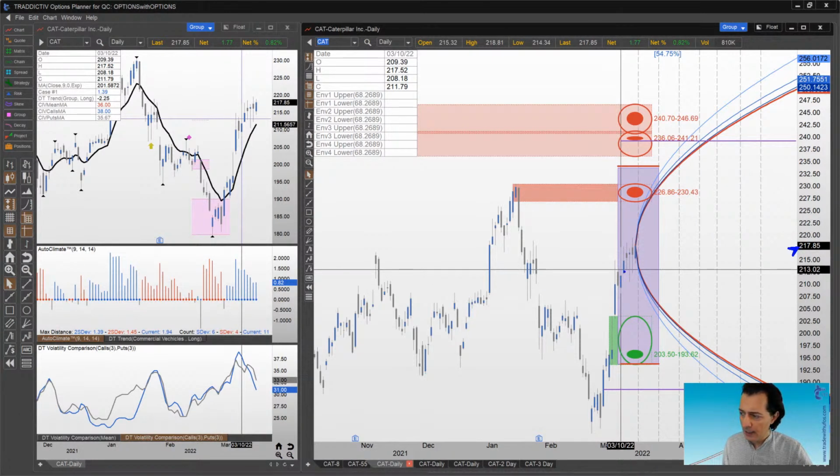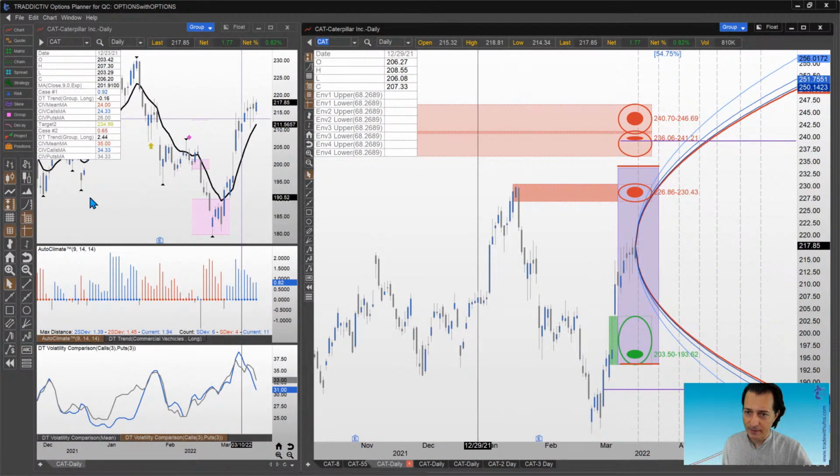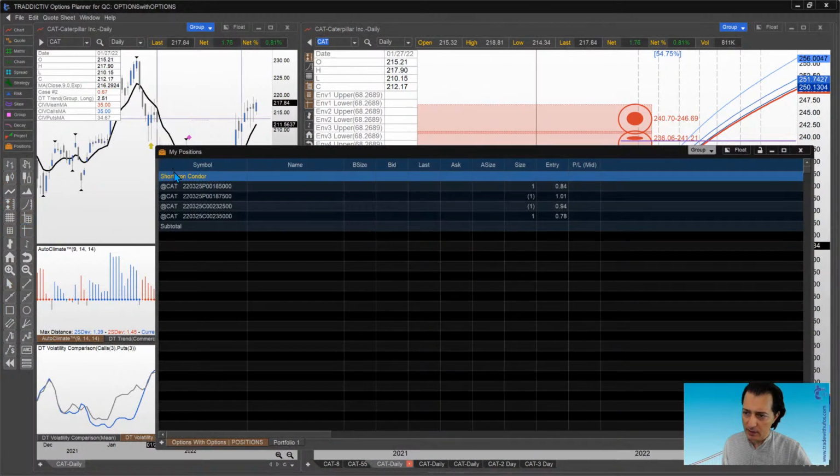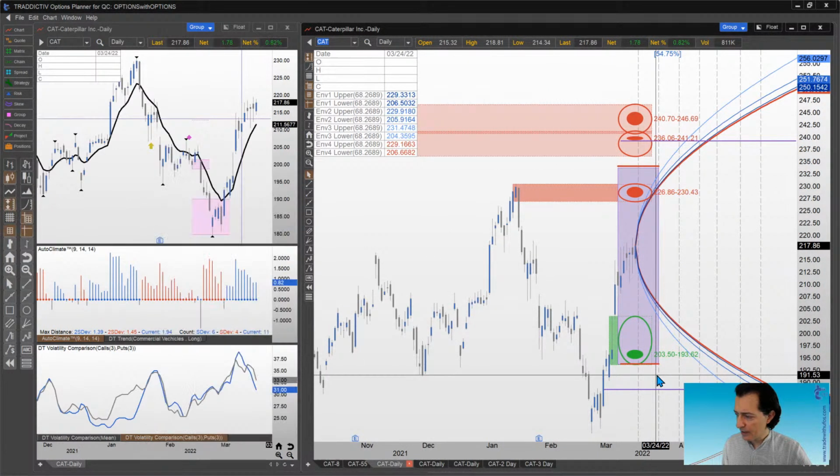So the stock moved a little bit. It also went a little lower, a little higher. What's important really is to look at the probability cone and compare this probability cone with the purple lines on the expiration date for this trade. The expiration date that we're using is March 25, which is right here, at the end of the purple box.